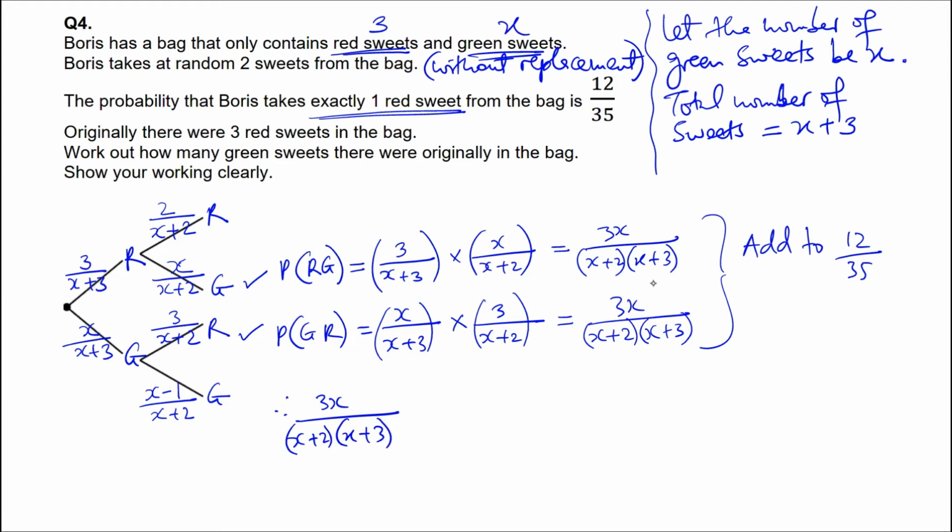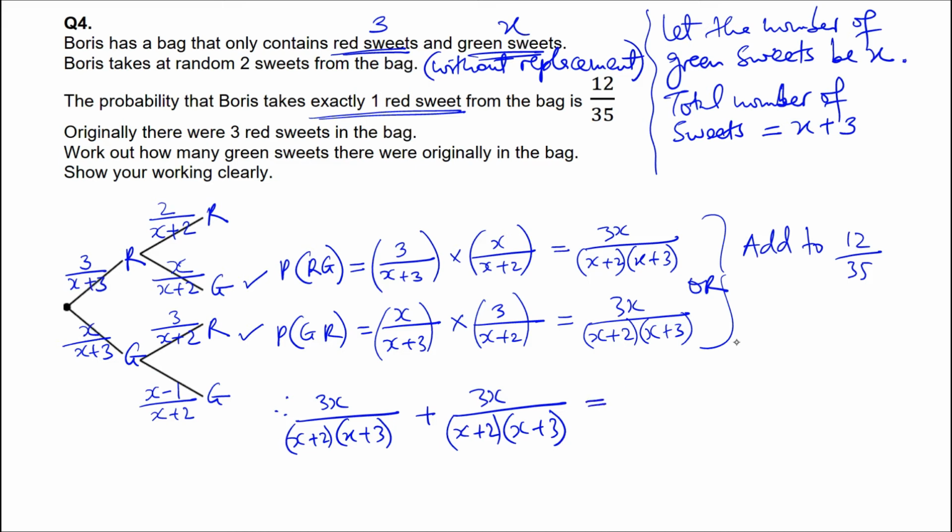And now, when you have the word or, you add. Or implies you add. So we have either this or that, which is 3x over x plus 2 multiplied by x plus 3.